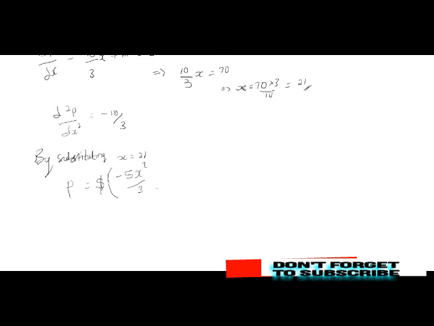You can scroll back to the earlier minutes of the video to check the expression. It is minus 5x squared over 3 plus 70x minus 20. So I'm going to replace all these x's with 21. So I will have minus 5 multiplied by 21 squared divided by 3 plus 70 into 21 minus 20, and all this is in dollars.